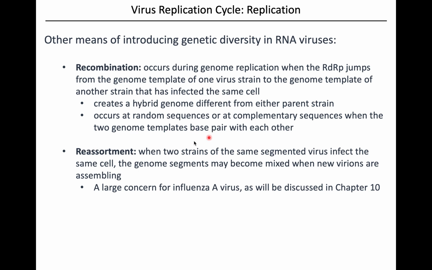And if you have two different strains in the same cell, it may pick molecule 1 of the genome from one strain, and molecule 2 from the other strain. So again, you end up with this mixed genome that may be something new. This phenomenon in particular is a big concern with the influenza virus, and we'll talk about that in a later chapter.